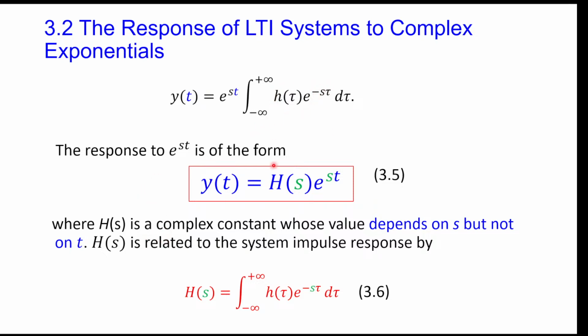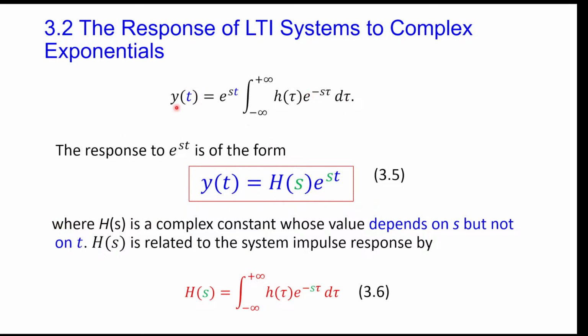So you can write it as a function of s, because tau is integrated out. We call it big H of s.